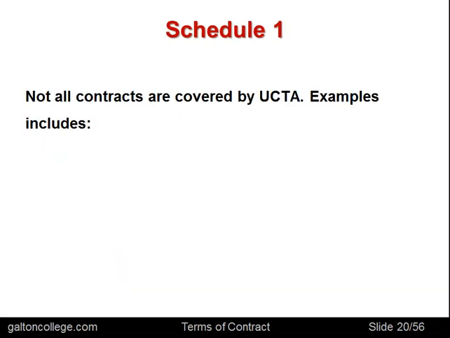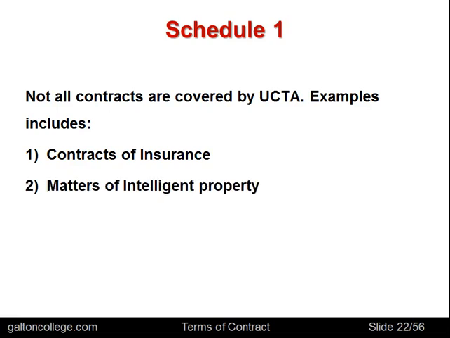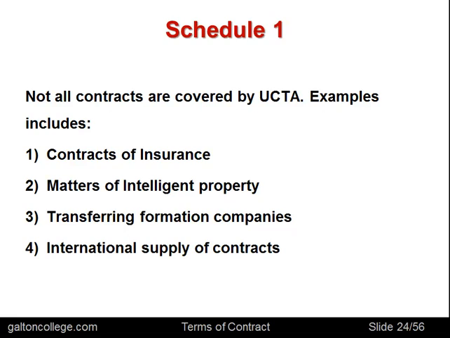So not all contracts are covered by the Unfair Contract Terms Act 1977. Examples include contracts of insurance, which are not covered by the Act. Matters of intellectual property, and I should say there, intellectual property referring to formation of companies, these are not covered.